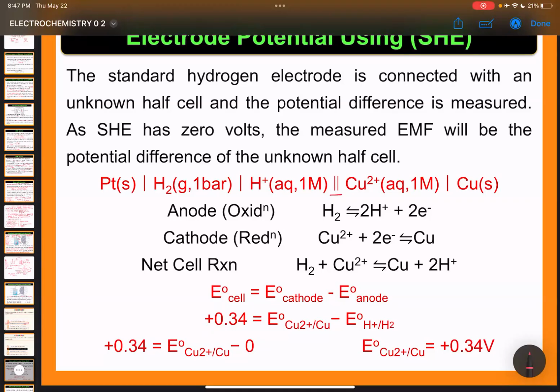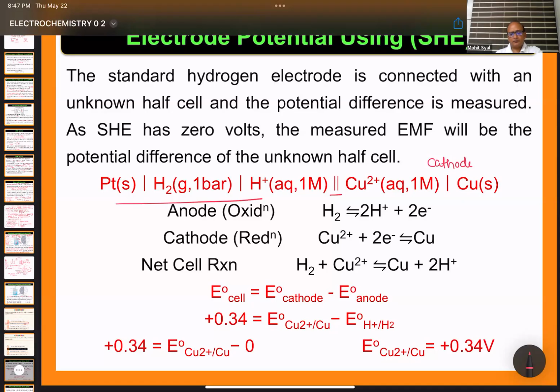Is it clear? And that will be the cathode. If you connect with copper, with the ammeter, you can check the flow of electron. So this is cathode, and this is anode. This is standard hydrogen electrode. At the cathode, copper reduction is happening.